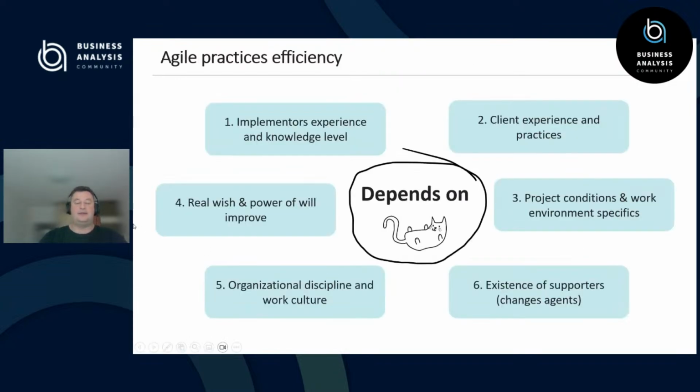Again, the next slide is about agile practices efficiency. Yep. So very interesting thing. The list of agile practices is broad and wide, and we need to understand what the efficiency of agile practices depends on.